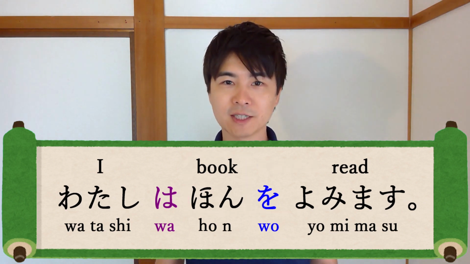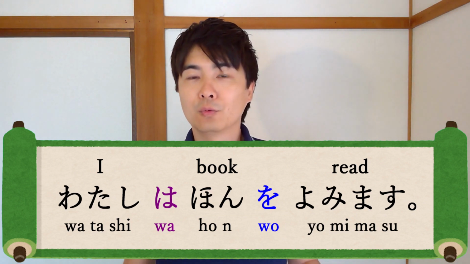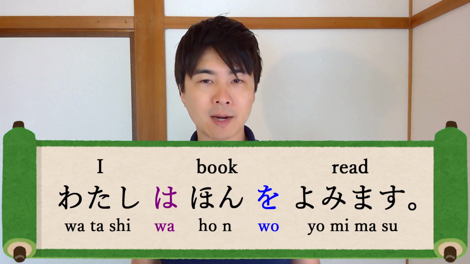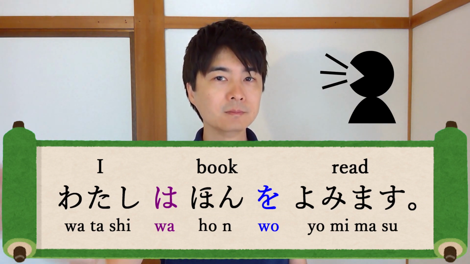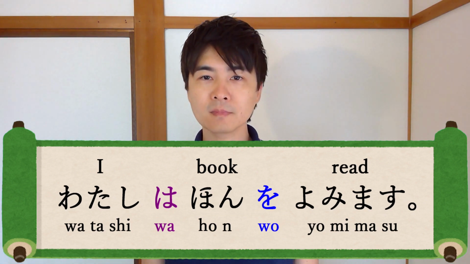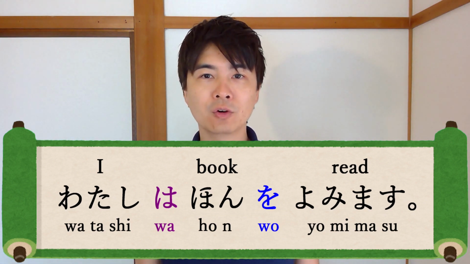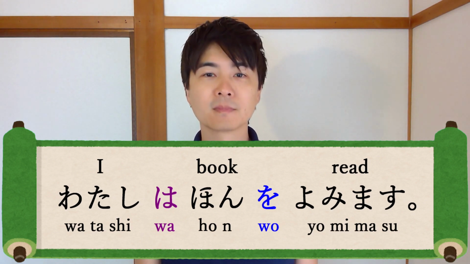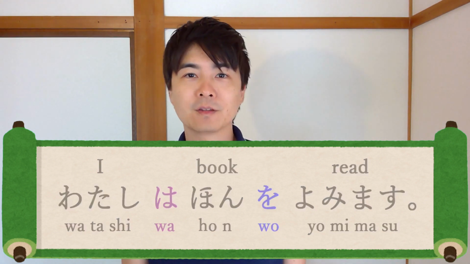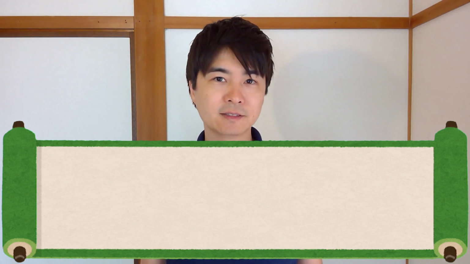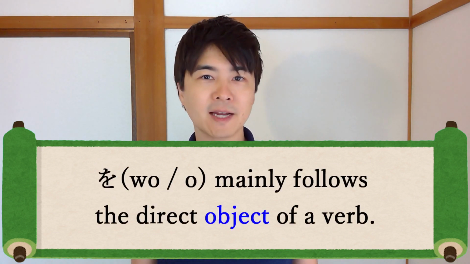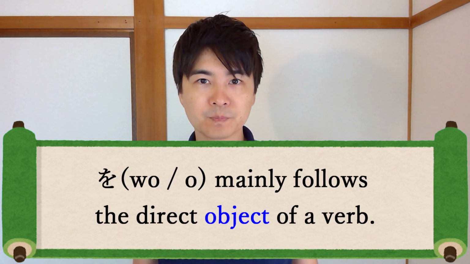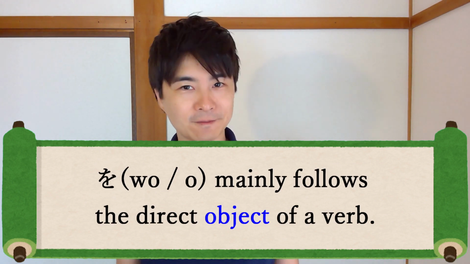So please repeat after me just in case. 私は本を読みます。Okay, good. What I want you to remember in this lesson is を mainly follows the direct object of a verb. If you remember this, that's enough.